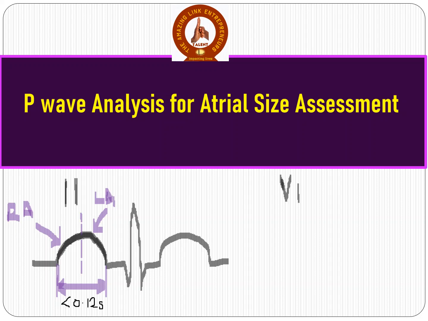The third component for analysis is the amplitude, that is the height of the P wave. So it is important to analyze it. It is from the onset to the peak.